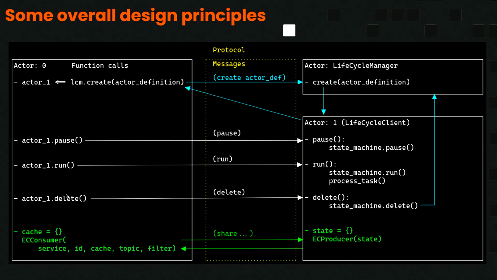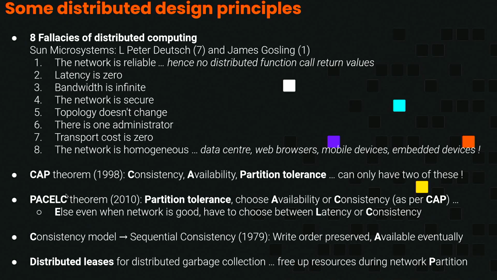So just one effectively class or instantiation for a producer, just wrap your state, and the same thing on the other side. We just have a consumer that says, look, this is the state I want. You can filter that state so you don't get all of the state, just the bit you need. And then you can just dip into your local cache and get the most recent value. So hopefully that gives a bit of a conceptual view.